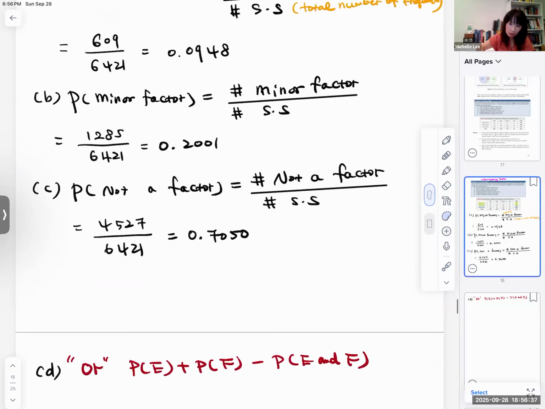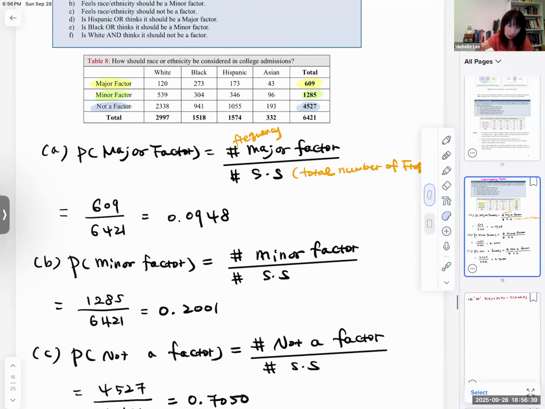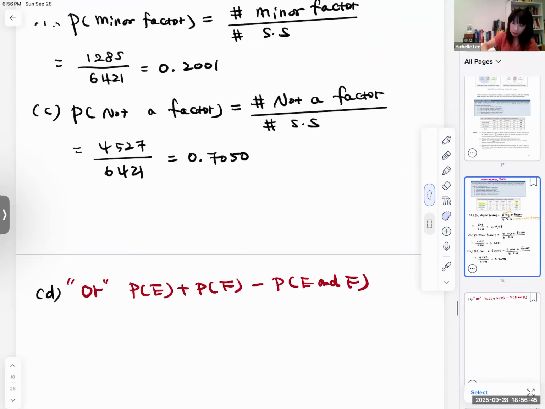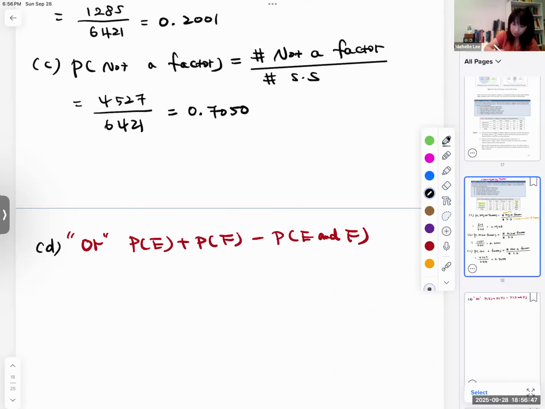Hispanic or major factor, right? So probability of Hispanic or major factor.